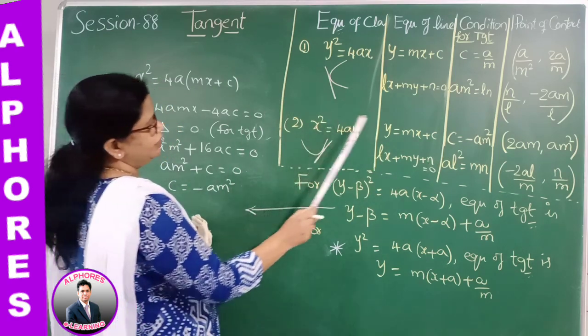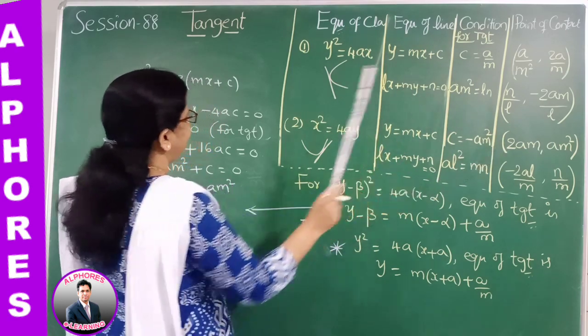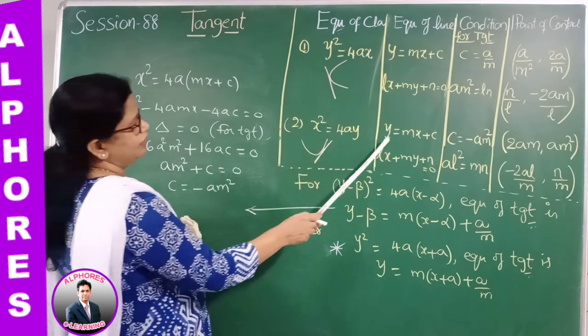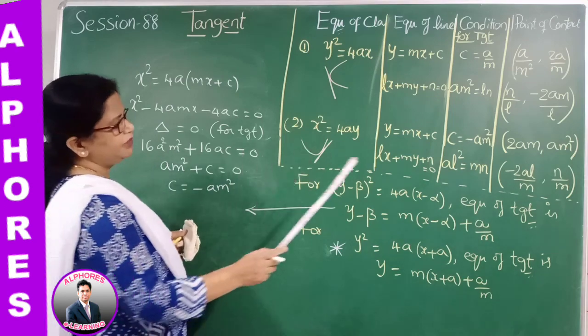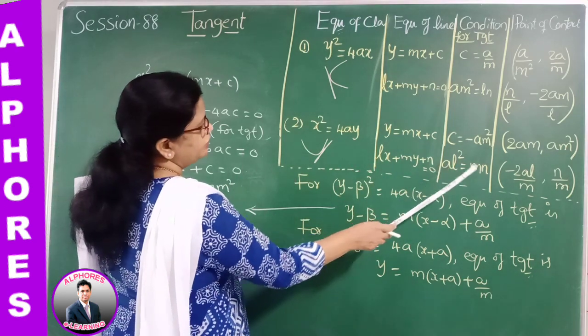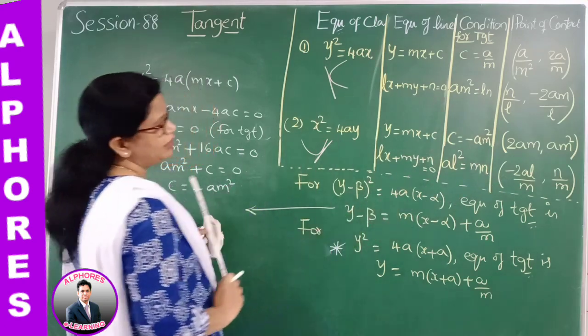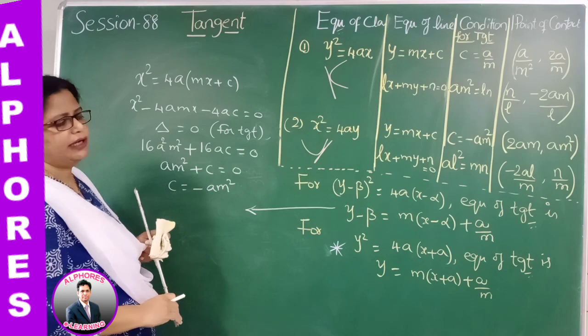Now, the point of contact also we can find in the same way as we did in this case. At the same time, if lx + my + n = 0 is a tangent, then this is the tangency condition, and this is our point of contact. The proof is what we just did, and in the same way we can proceed.